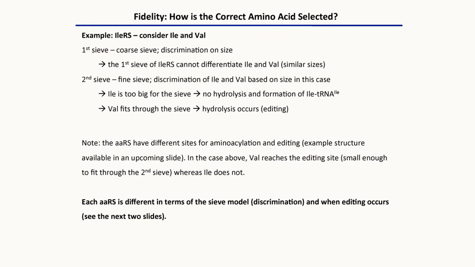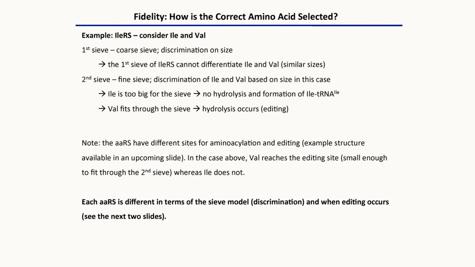But then what happens in the second sieve, isoleucine is too big, and so there's no hydrolysis, and it moves on to form the desired charged tRNA. In contrast, valine's a bit smaller. It passes through the sieve, and it ends up being hydrolyzed.